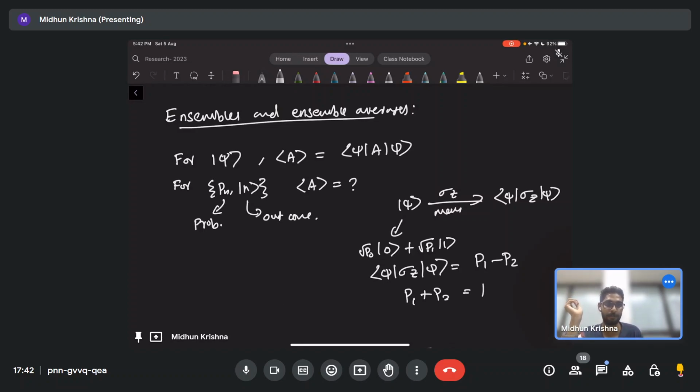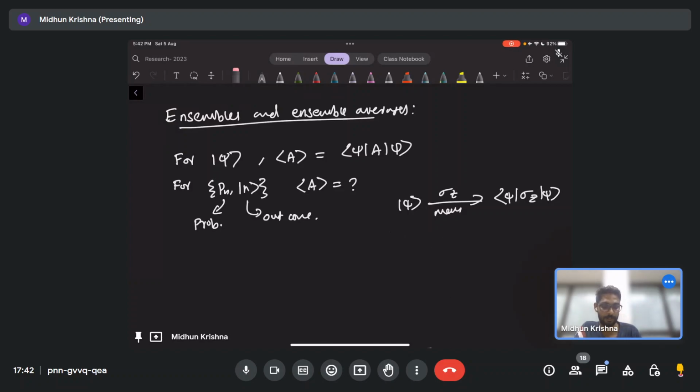That's the thing that I'm actually measuring, the average quantities of any observable. If I do sigma x, the same argument goes through. These are the only quantities that experimentalists have access to in quantum experiments.